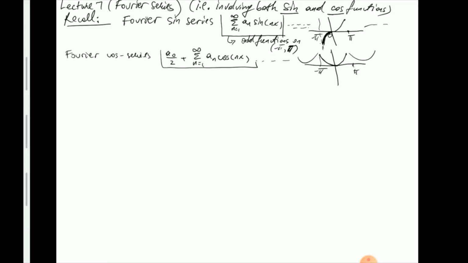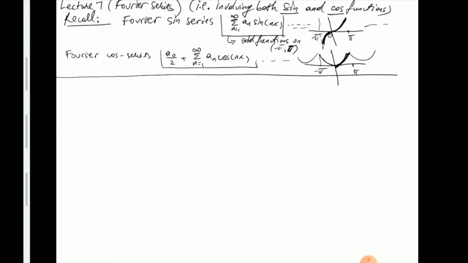So I want to say this one more time before I move on to the main topic of today's lesson, because people sometimes are still confused with having the same function to start with. Let's say I start with the same function between 0 and pi, and yet one series represents a completely different function if you extend it outside that interval, right? So whether you use the sine series or cosine series, that matters.